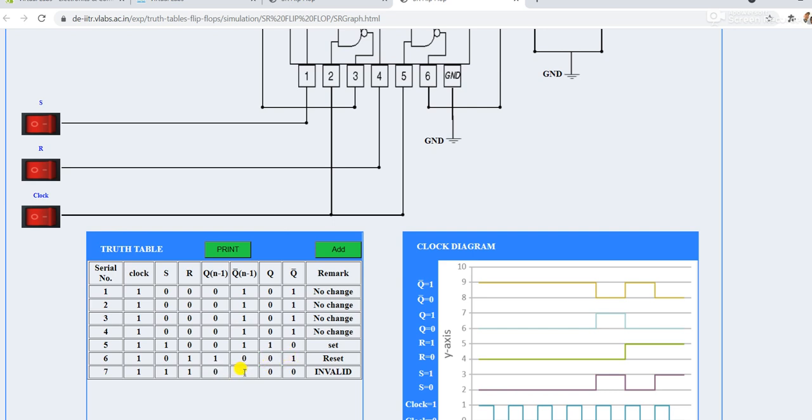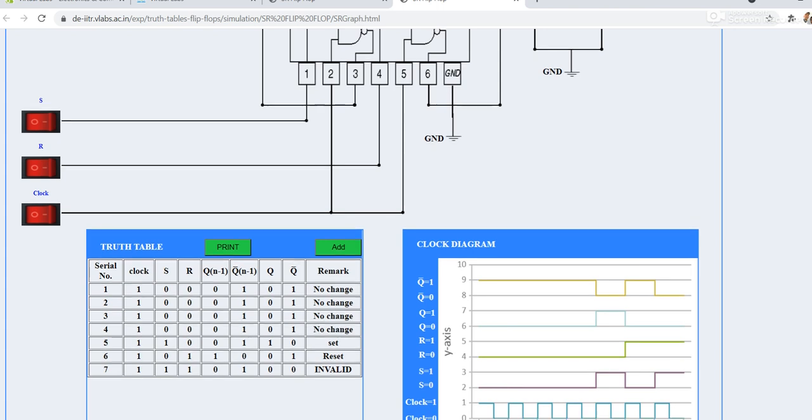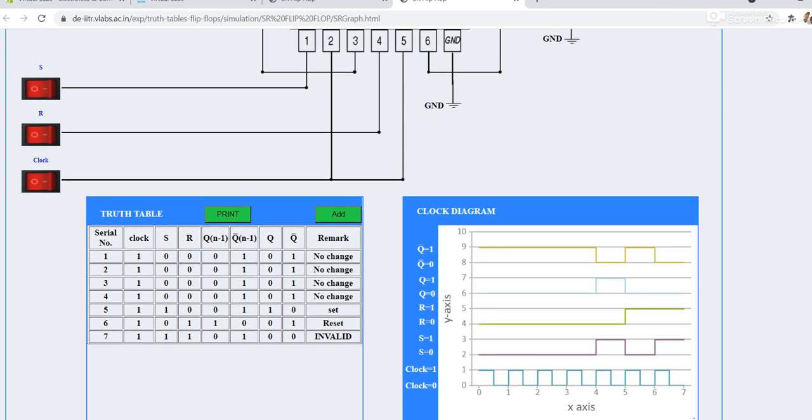The value of the next states will be 0, 0, which means this is the invalid condition, because Q and Q bar cannot be equal at any time. So we will not get any output for the combination of S equal to 1 and R equal to 1.